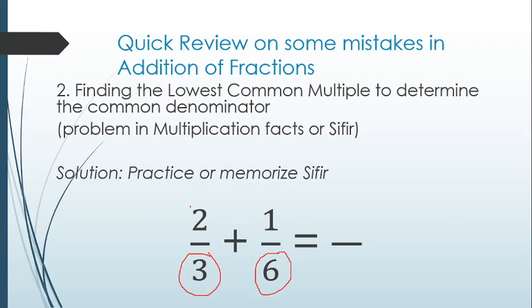So in adding or subtracting fraction, we have to make sure the denominator is the same. Some of you had problem with this one. He or she cannot find the common denominator. The problem is in multiplication facts or CFA. So you have to practice or memorize your CFA.